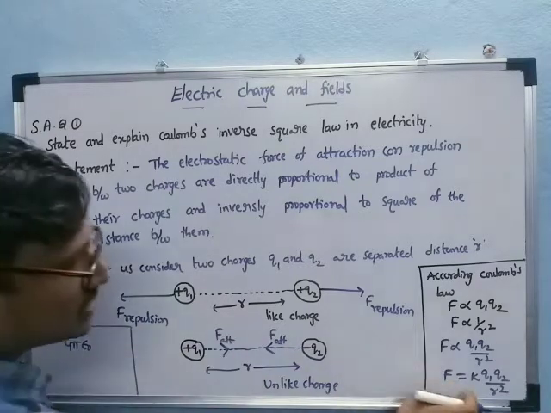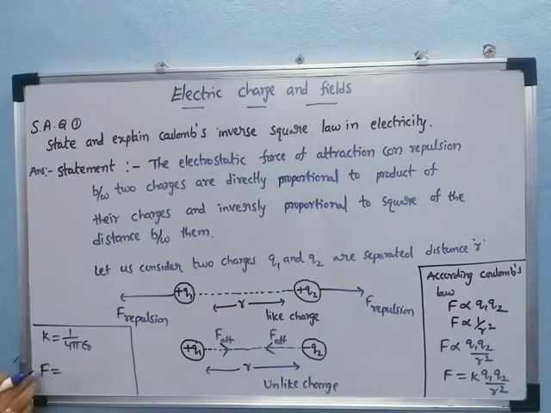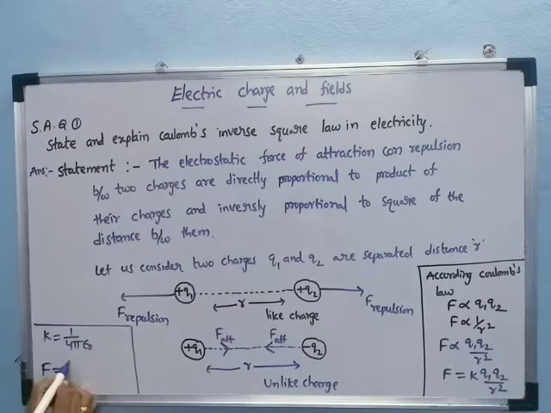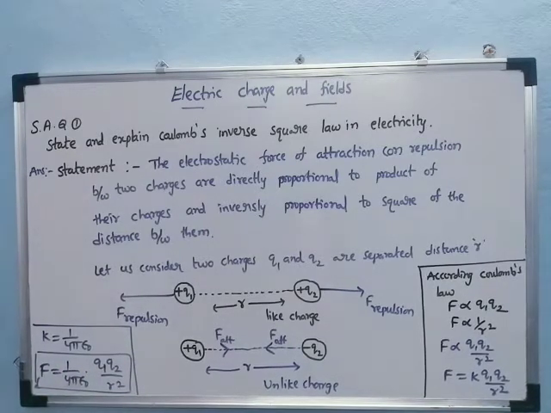Now substituting this K value, F, the force of attraction or repulsion between the charges, also called Coulomb force, is equal to 1 by 4 pi epsilon naught Q1 Q2 by r square. This is the formula of Coulomb's inverse square law in electrostatics.